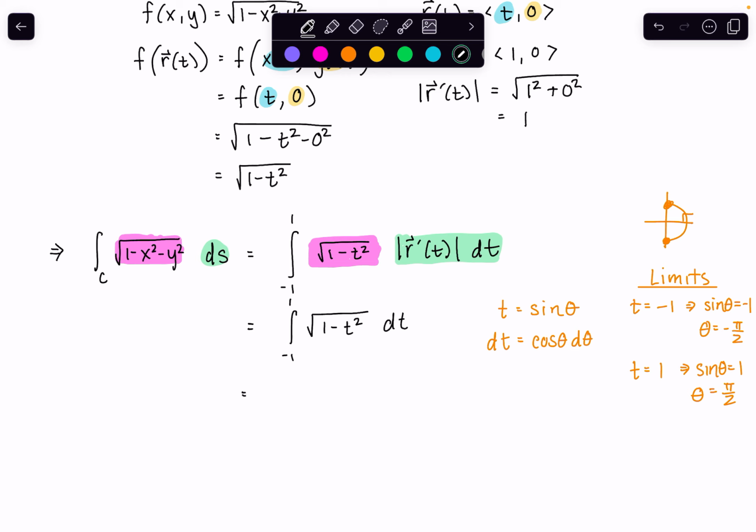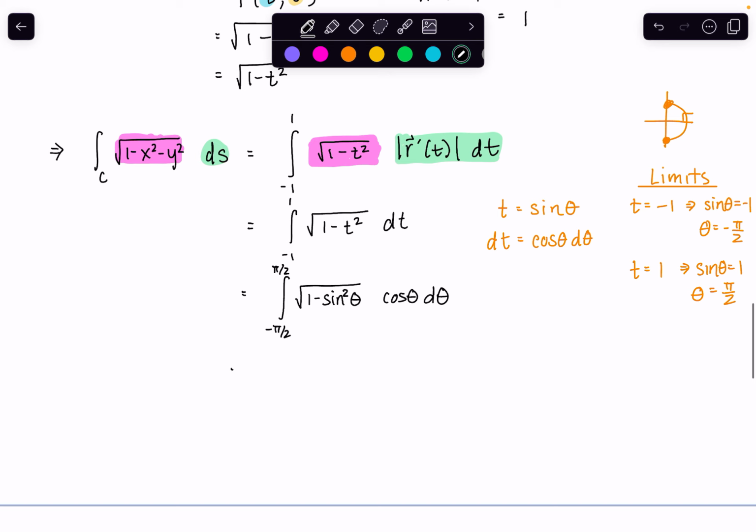So plugging in each of these pieces, my new bounds are negative pi over 2 to positive pi over 2. That gives us 1 minus sine squared of theta. dt is cosine of theta d theta. And then 1 minus sine squared becomes cosine squared, and we're taking a square root of that.